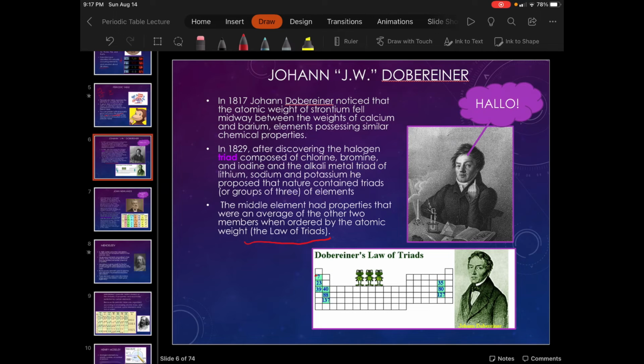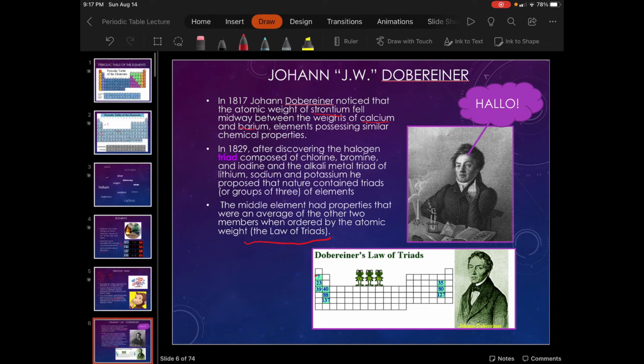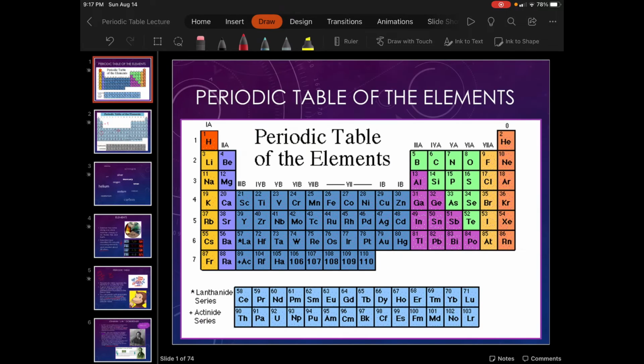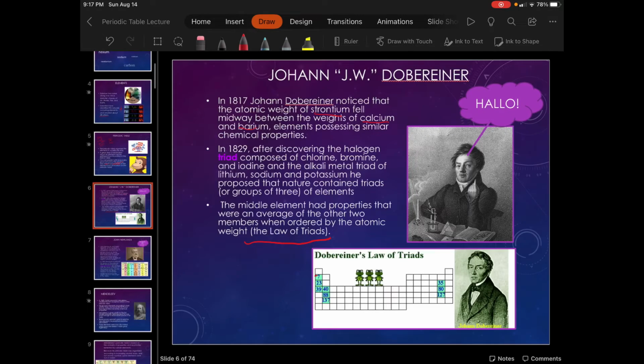And what he said is that these elements fell in between specific elements, so up here strontium fell between calcium and barium. If you look back up here, we can see that we have strontium between calcium and barium.